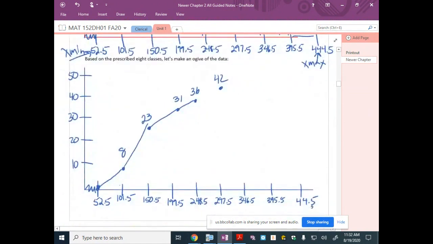Then 47, I believe. 48, and then 50. So that's how it all works for histograms.